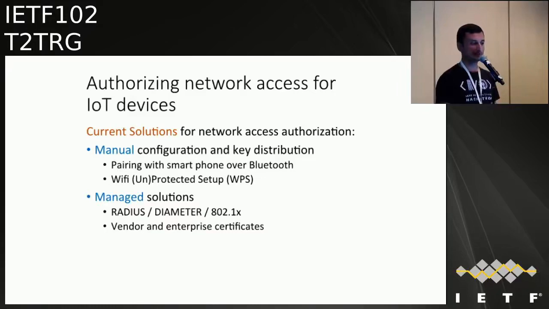But I think as the number of devices scales, this is something we might even move to in home networks, because just having the same key when you have 100 devices at home won't work. So compromise of one device would lead to the compromise of the whole network. So this is something that might happen in the future, that we'll have per device keys even in home Wi-Fi networks.